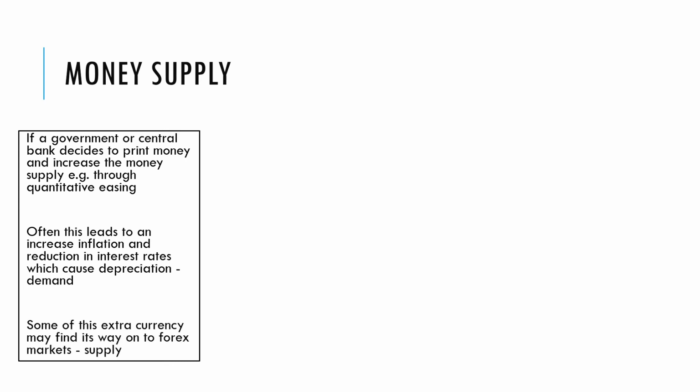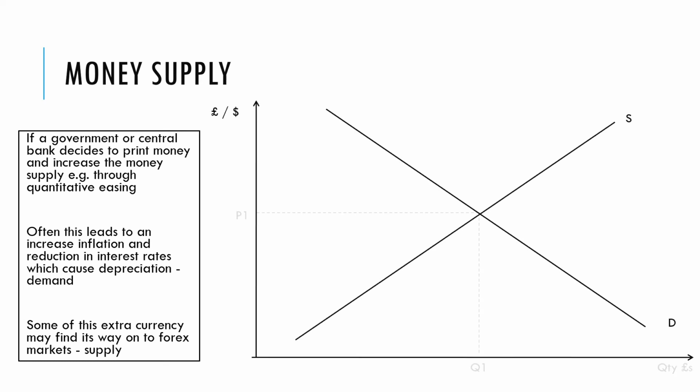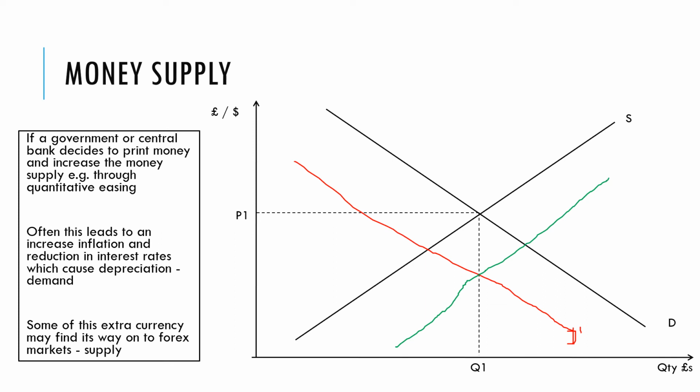Also, some of this extra currency may find its way onto the foreign exchange markets, so we might see an increase in supply. So if we were to look at our market again, if the UK government were to increase the money supply, we might see that this would possibly cause a reduction in demand to D1 and also possibly an increase in supply, so some of this extra currency.